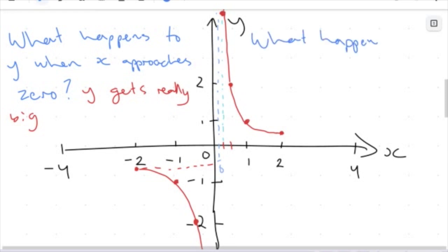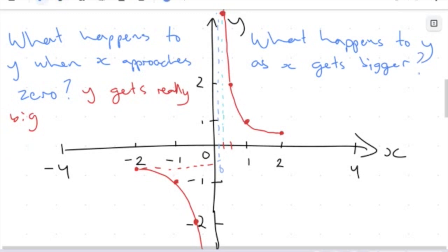So the other question we want to answer is, what happens to y as x gets bigger? Or in other words, approaches, for example, positive infinity, so way up over here, or negative infinity, way down on the left hand side.